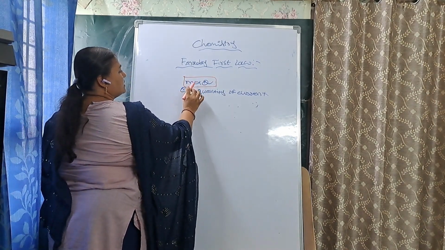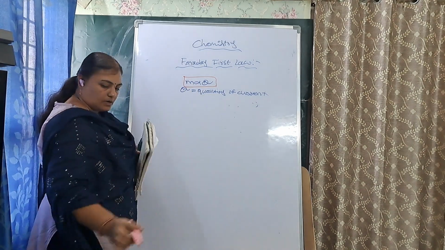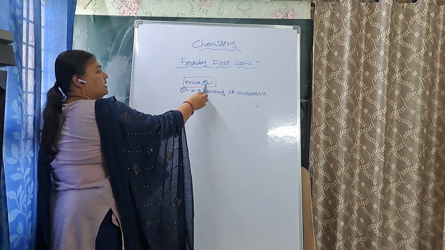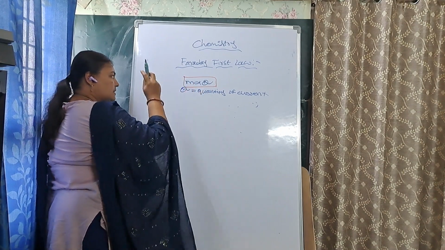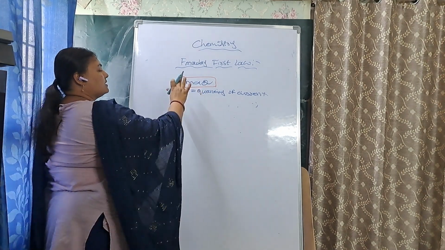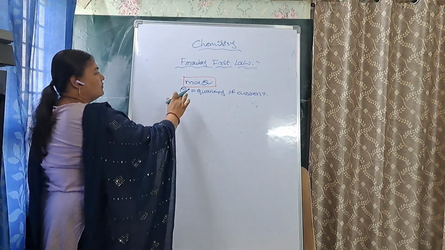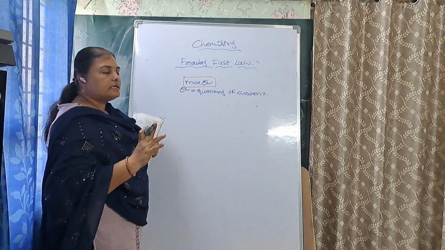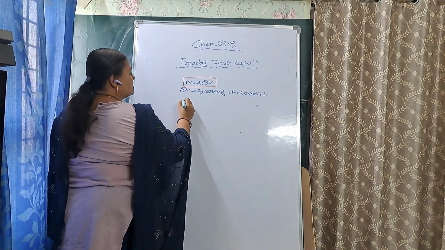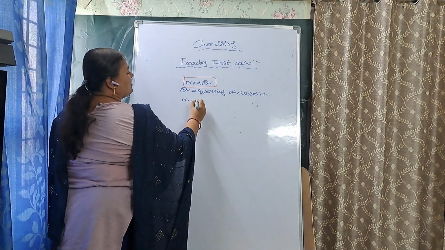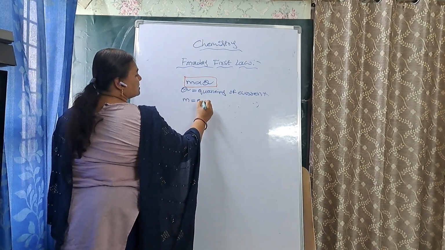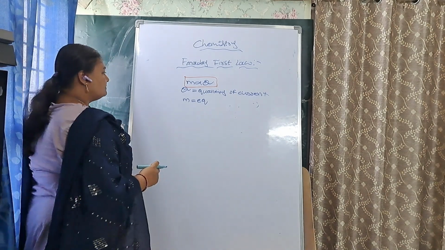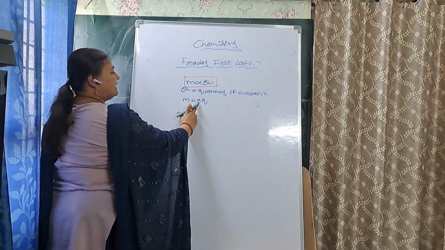Between these two there is a proportional symbol, a proportional relation. Proportional means if mass increases, quantity increases, and if quantity increases, mass increases. If one decreases, the other also decreases. As we know, when we want to remove the proportional symbol, we must write a constant to get an equal sign. So here I take M equal to E, where E is a constant, times Q. So M equals EQ.